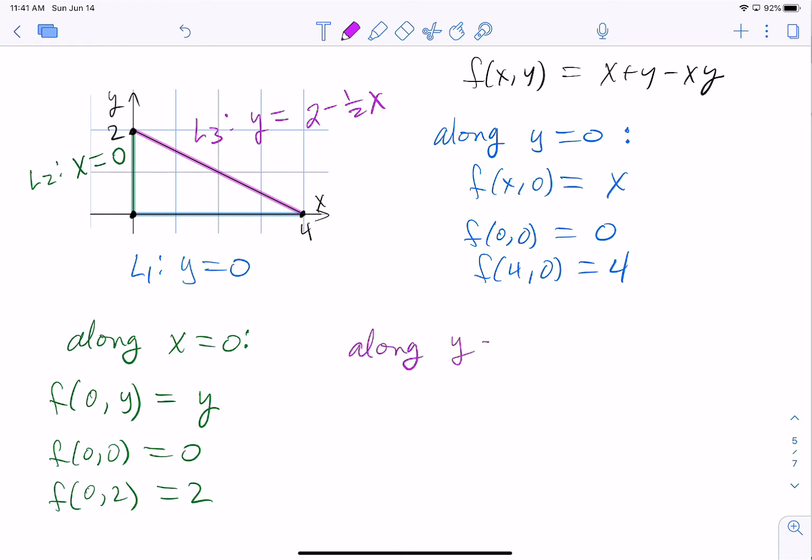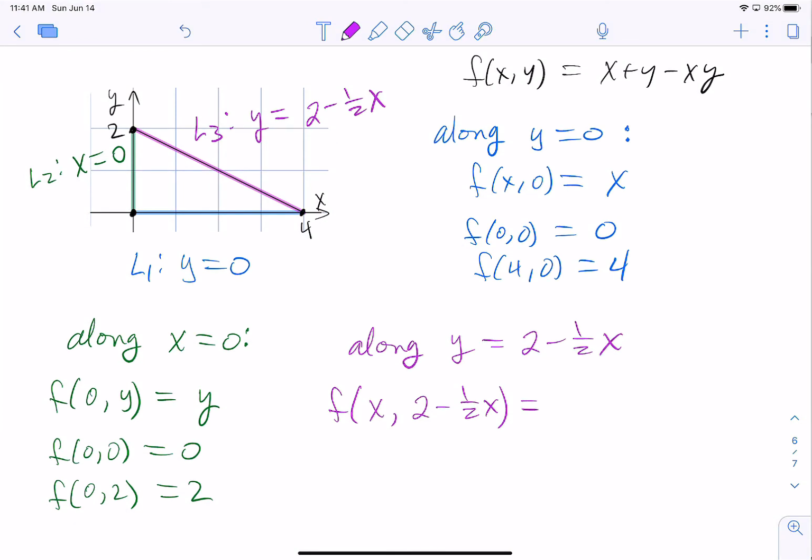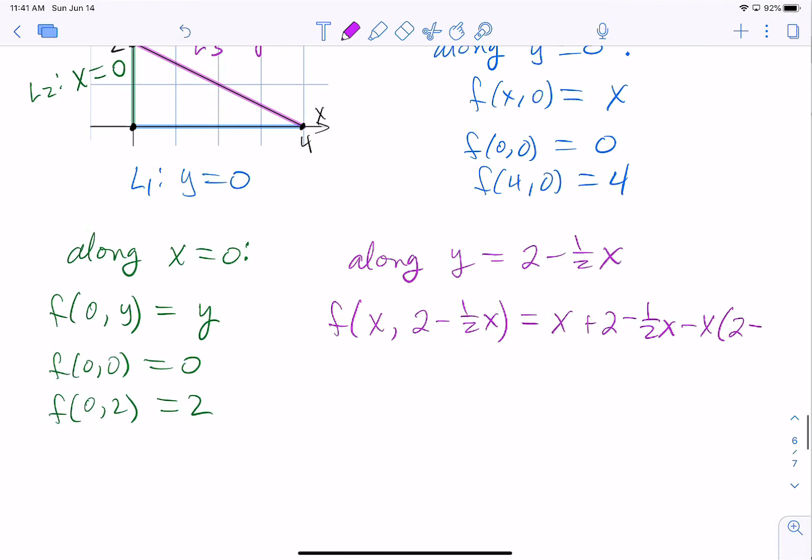Along the line y equals 2 minus 1/2 x, we're now considering the function f of x, comma, 2 minus 1/2 x. You see, we're going to replace y by the expression 2 minus 1/2 x. And f with that replacement becomes x plus 2 minus 1/2 x minus the quantity x times the quantity 2 minus 1/2 x.